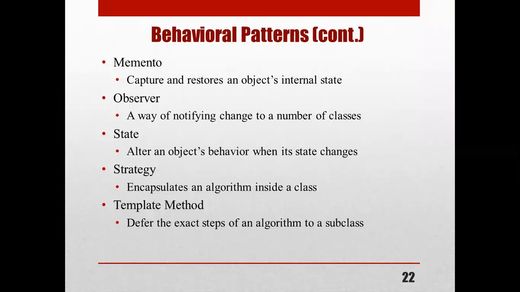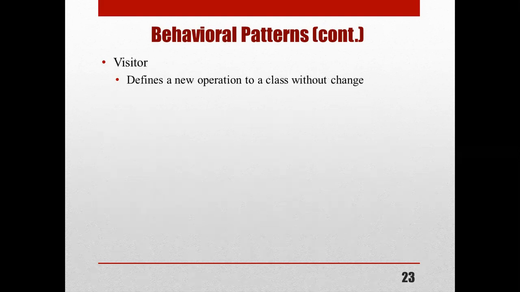Then state: it alters an object's behavior when its state changes. Then strategy: it encapsulates an algorithm inside a class. Then template method: it defers the exact steps of an algorithm to a subclass. These are the behavioral patterns.